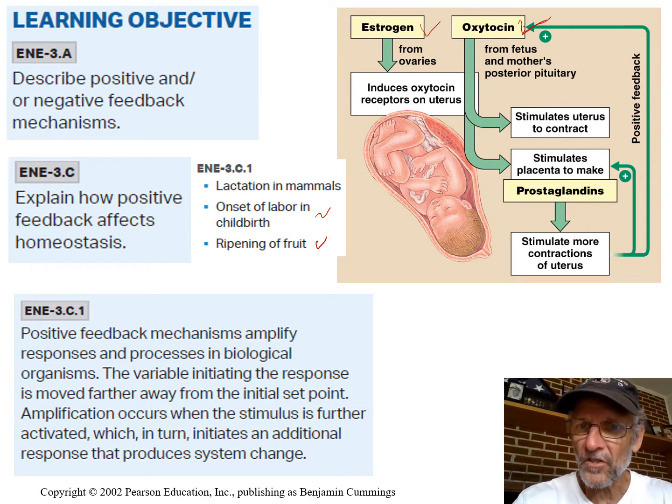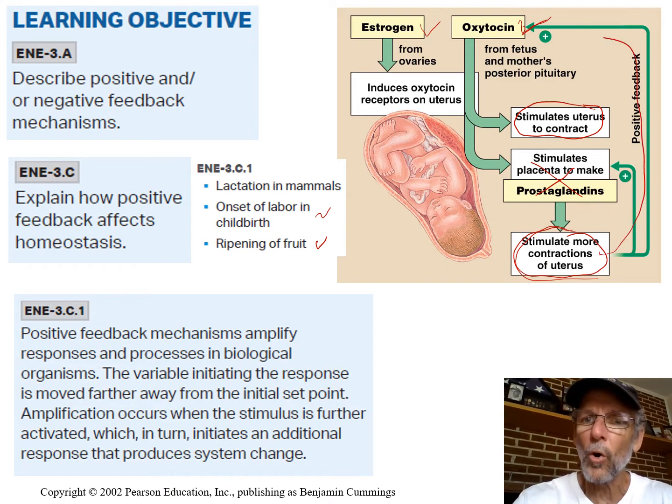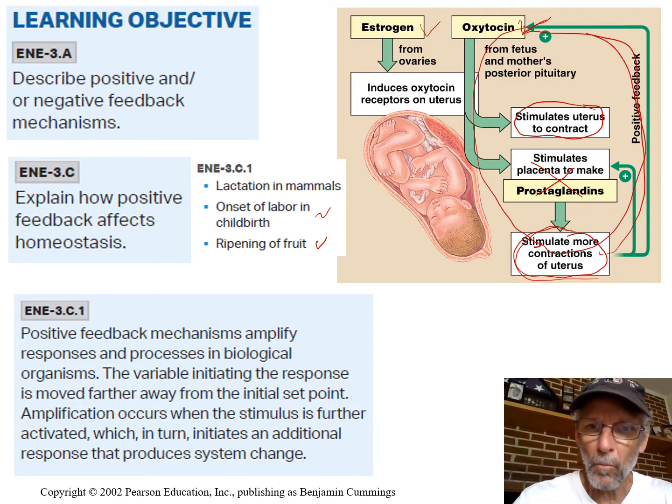Oxytocin causes muscle contractions in the uterus. Muscle contractions in the uterus cause more oxytocin to be released, which causes more muscle contractions, more.